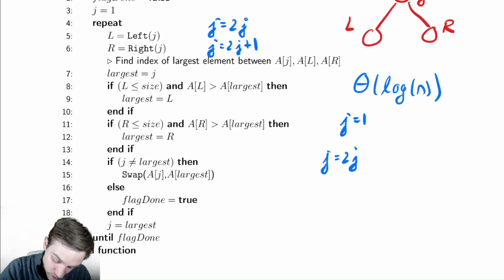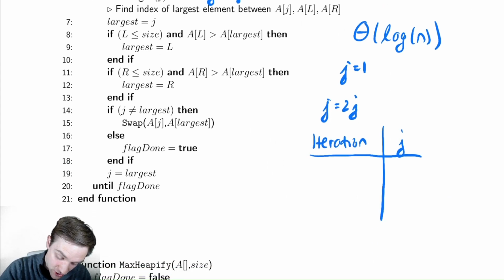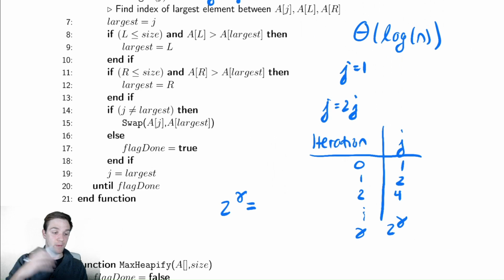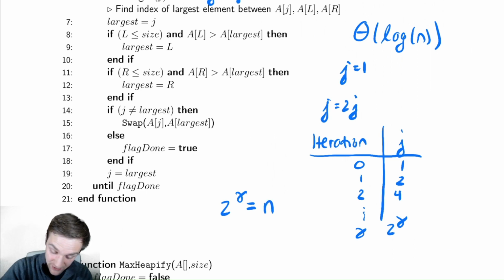So j, if we're creating an iteration table, iteration, and j, starts at 1. We then multiply by 2, and then multiply by 2. And after gamma iterations, we will have 2 to the gamma. We can then solve that for the largest value j could obtain, which is necessarily the size of the heap. So gamma is equal to log base 2 of n.